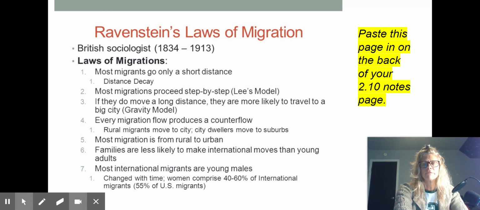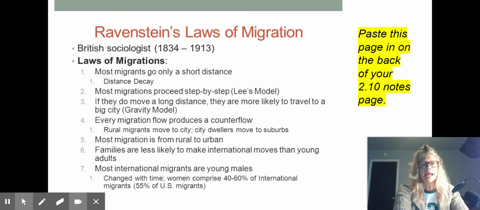All right, and then that fifth law is most migration is going to be from the country to the city, so rural to urban. And then law 6 is families are less likely to make international moves than young adults. So you don't see large families trying to cross international borders and country lines. That's usually going to be young people, mostly single. And then that last law 7 is most international migrants are going to be young males.